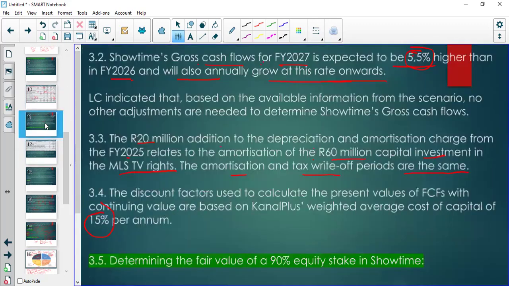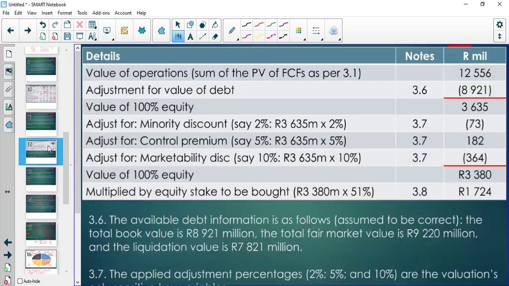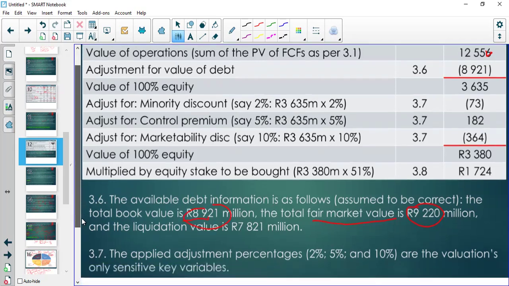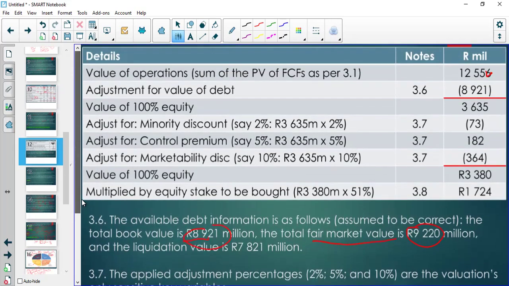Oh, that's all right. So we go all the way. Okay, that's fine. Then the value of the operations, there is what we have. Then adjustment for debt, 3.6. So we should use the fair market value of debt, which is 999220, not the book value, right? So that's a conceptual error as well. That was done. And okay, there we are.